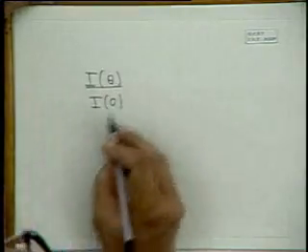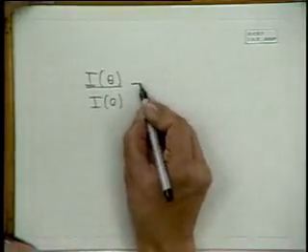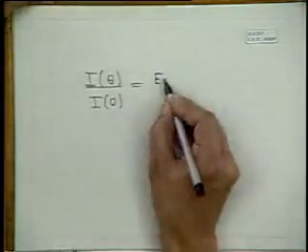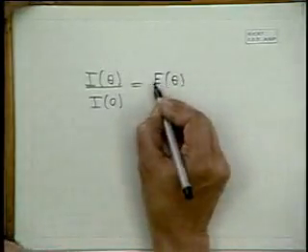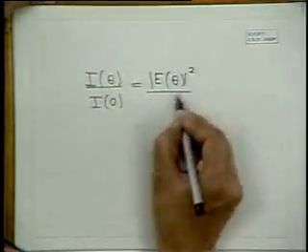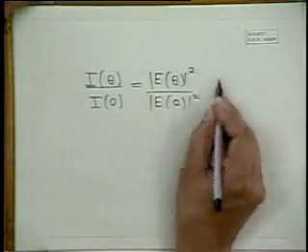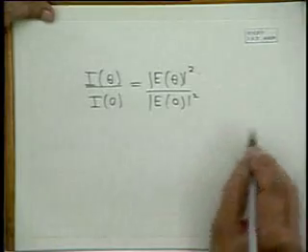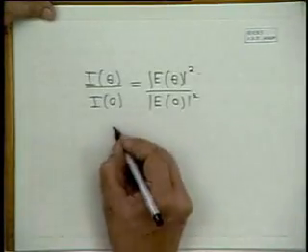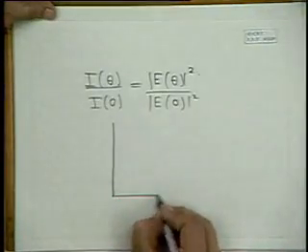As theta changes, how does that vary? This will obviously be equal to E theta squared over E0 squared. We will look at the expression for this, which follows from the far field intensities.